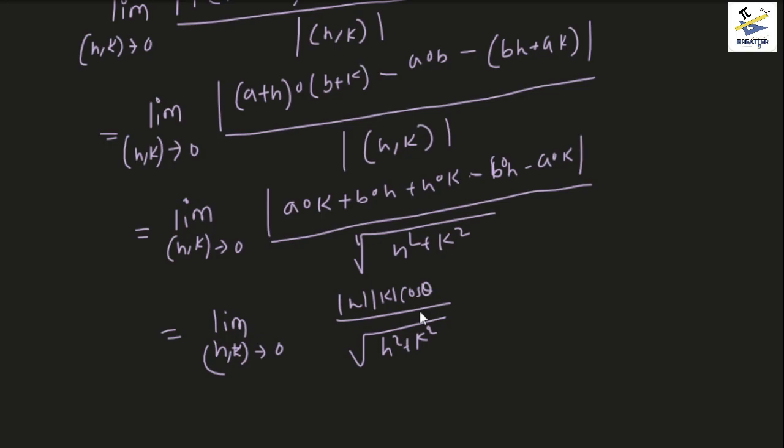And now h and k do not really have an angle here, but we can write this as less than or equal to the limit as (h, k) goes to 0 of mod h times mod k divided by the square root of h squared plus k squared.